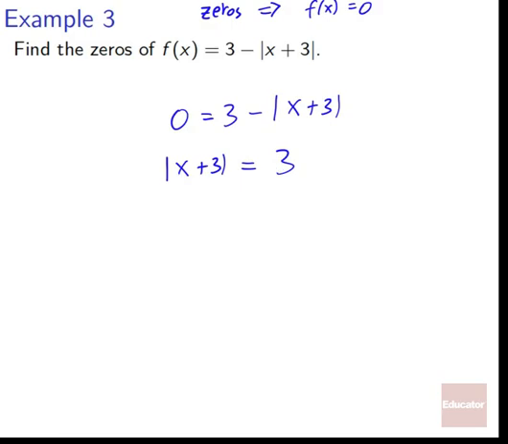When is this true? Remember, absolute value of negative 2 is equal to 2, which is also equal to absolute value of positive 2.